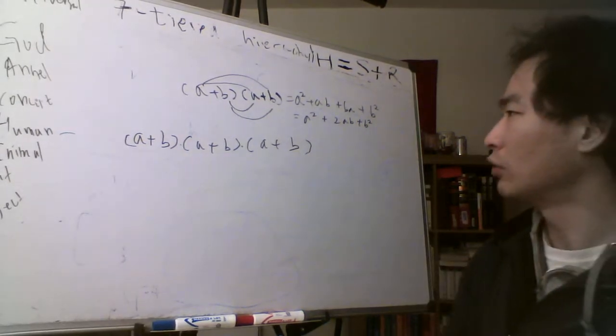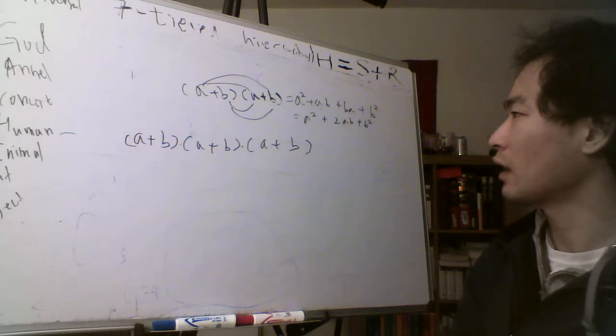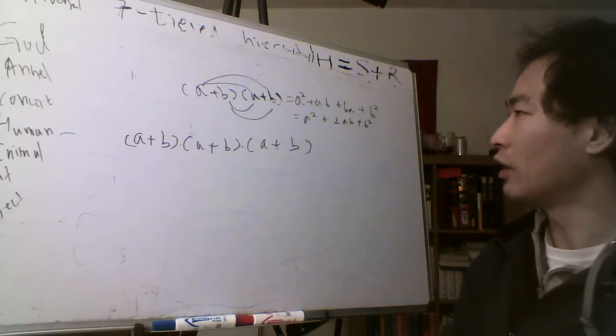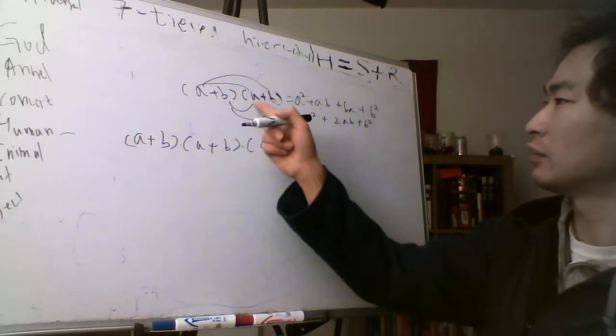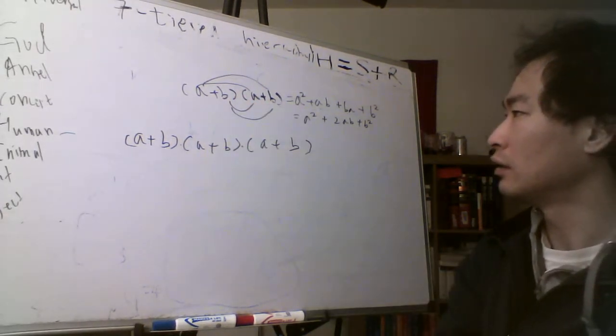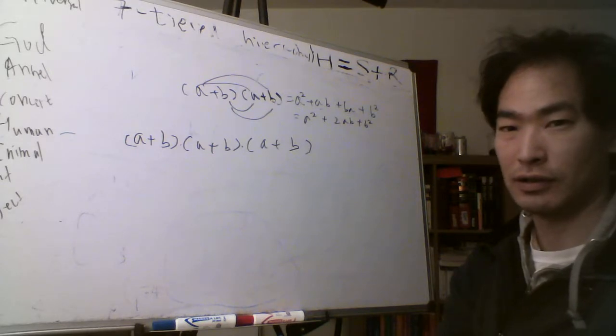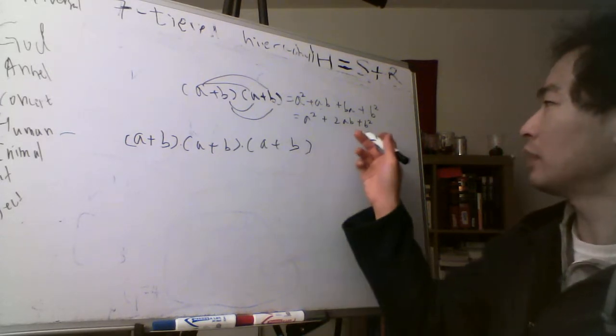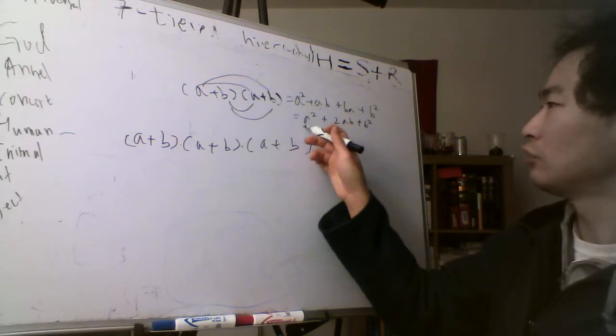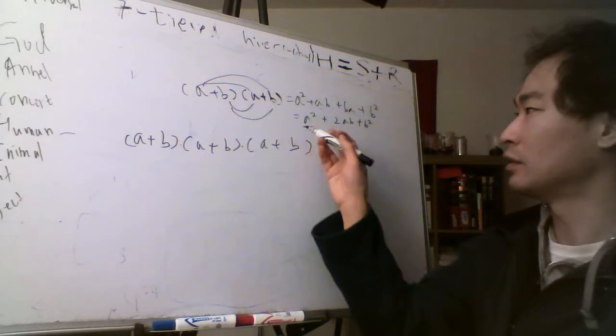Now, what you have to notice is this. How many ways are there to pick two a's out of two a's? There's only one way, right? And how many ways are there to pick 0 b's?